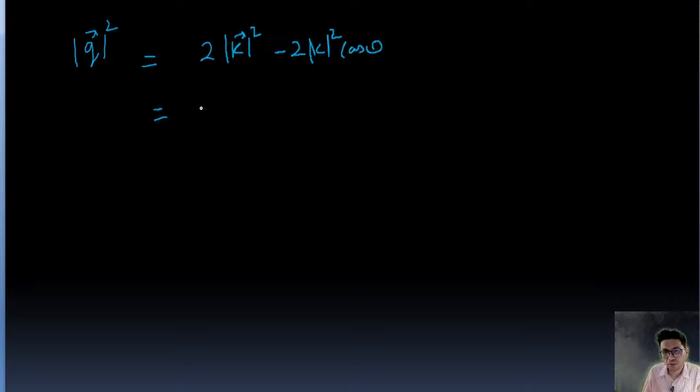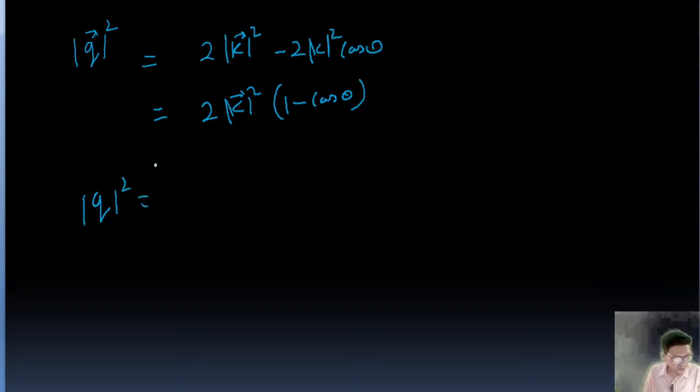From here we'll take 2 mod square of k common, so this is 2 mod square of k into 1 minus cos theta.